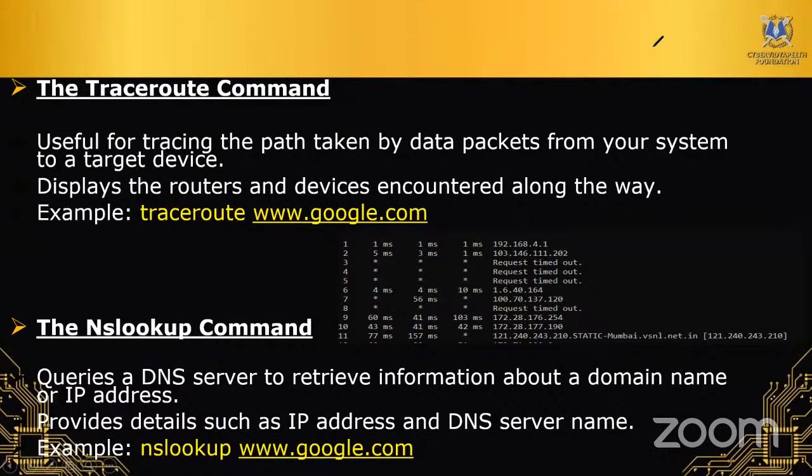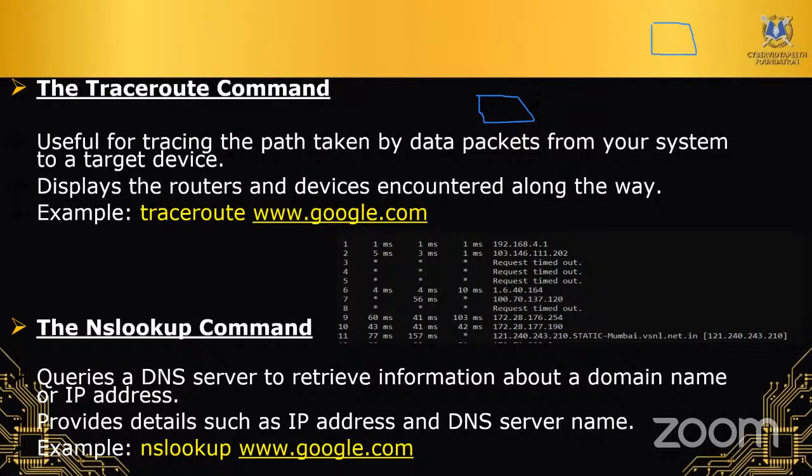Let's suppose this is a targeted server and this is your system. If a data packet can't transmit directly to the targeted server, it will have a route to go to the targeted server.